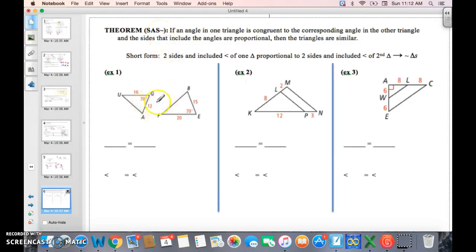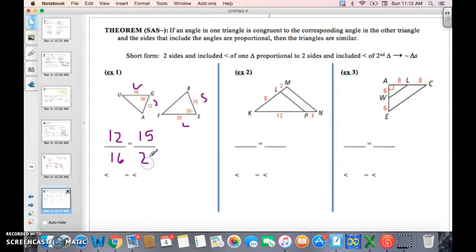And so again, I like to label my sides. So this is the short side and this is the long side or the medium side. I'm not sure in this case. This is short and long. So I'm going to do 12 over 16 and see if that is equal to 15 over 20.